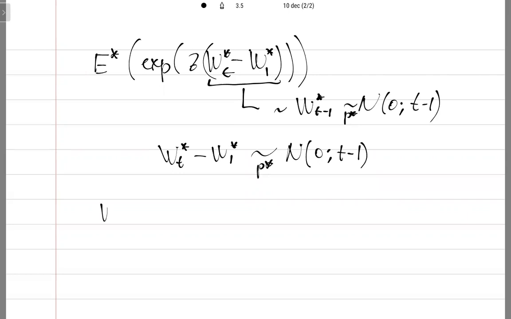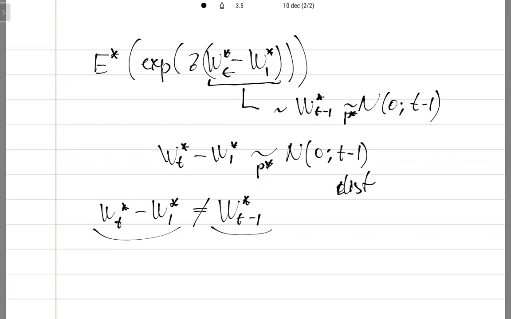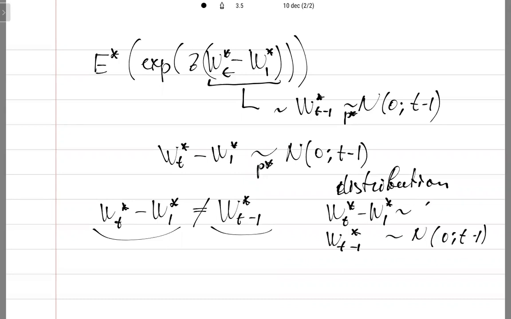So be careful. I don't say that these are the same thing. They are not equal as random variables, but they have the same distribution. Wt star minus W1 star is normal 0, t minus 1, and this is normal 0, t minus 1.